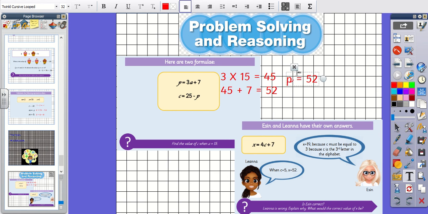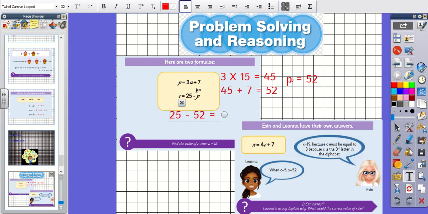So P equals 52. So now we can work out what C is. And we do 25 take away 52. Now, normally we would say, oh, we can't do that because it should be the other way around. However, you've got to follow the way that the calculation is written. So we would have to do 25 take away 52.